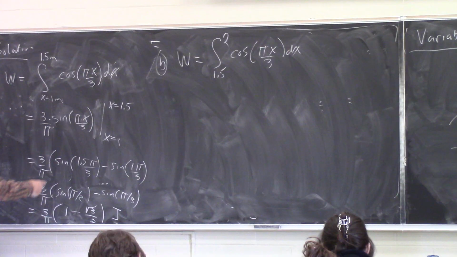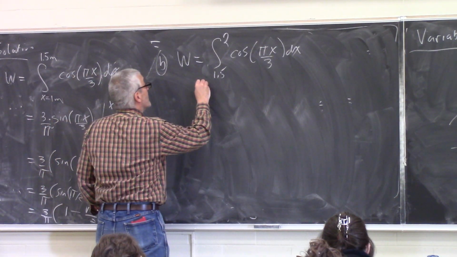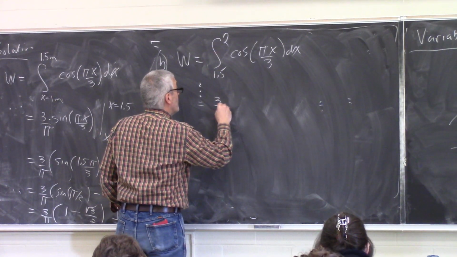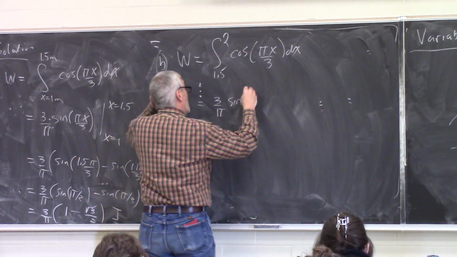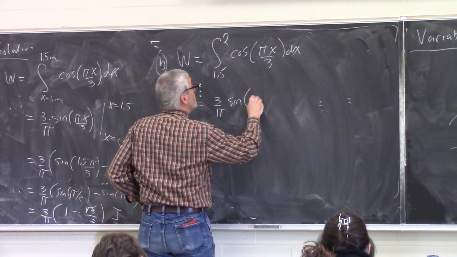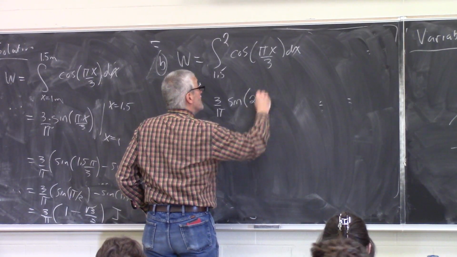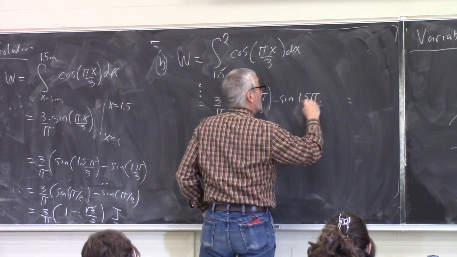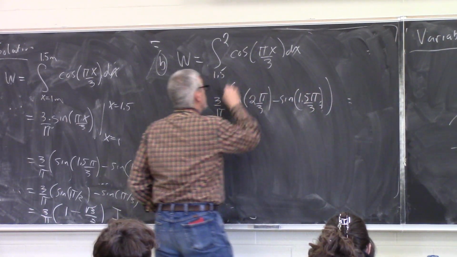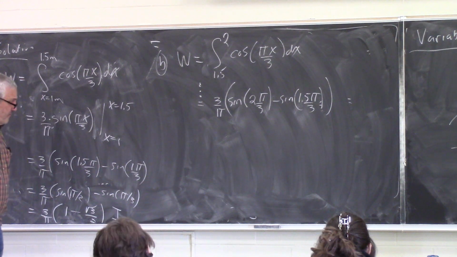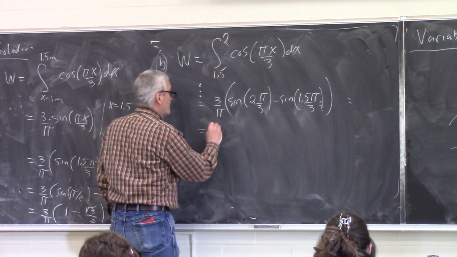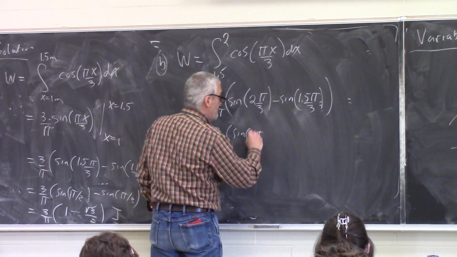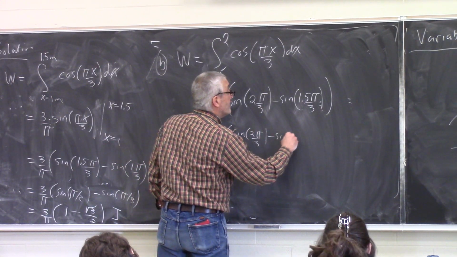So we'll get all the way down to here, and I'm going to get 3 over pi times sine of 2 pi over 3 minus sine of 1.5 pi over 3. So that's 3 over pi times sine of 2 pi over 3 minus sine of pi over 2.